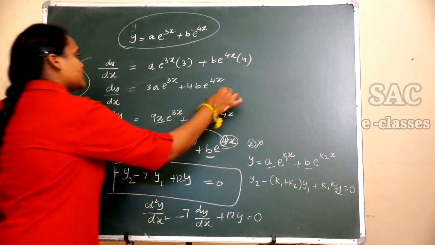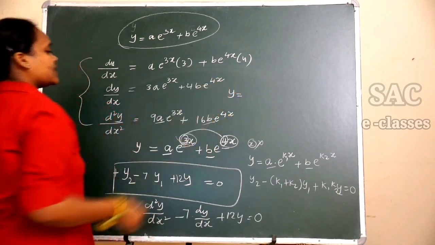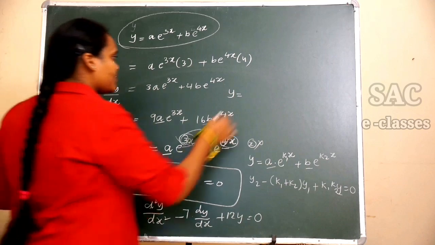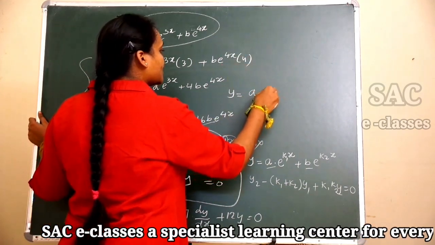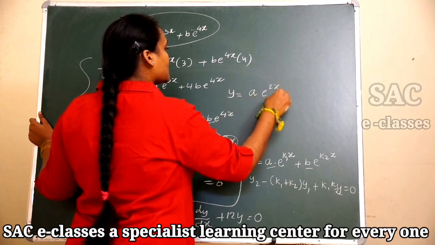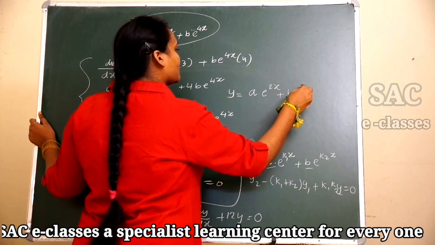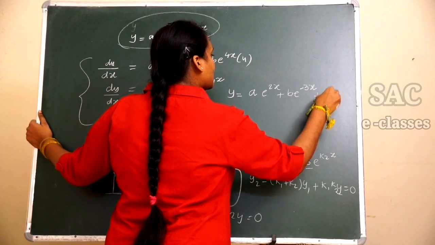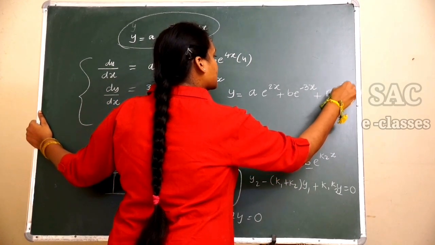Now the same trick, let us use it whenever the arbitrary constants are more than 2. Maybe like this, they have given a into e power 2x plus b into e power minus 3x plus c into e power minus 7x.